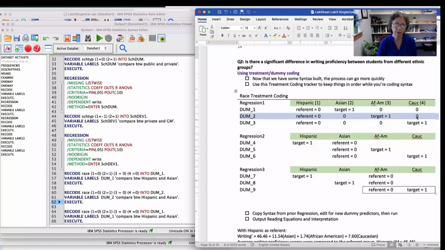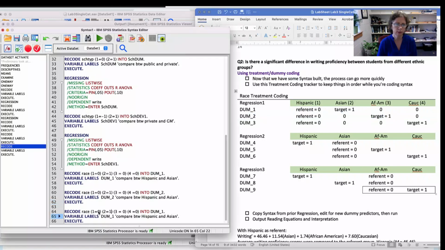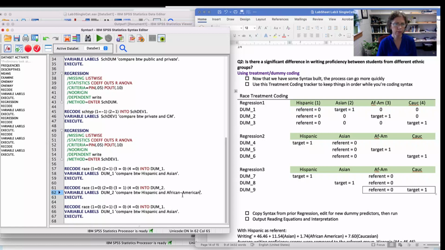So my numbers are going to be 0, 0, 1, 0 across. So for DUM2, 0, 0, 1 for African American, and 0 for Caucasian. So DUM2 is going to be the comparison between Hispanic and African American. Okay, one more to go.